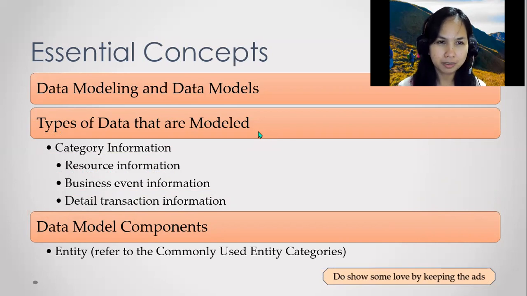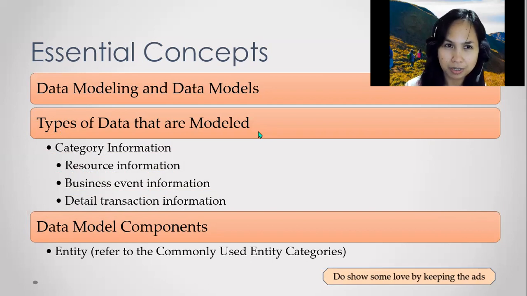So a data model describes an organization's data as the organization understands it, or also as the organization wants it to be. A data model contains a set of symbols with text labels that attempts visually to represent data requirements as communicated to the data modeler for a specific set of data that can range in size from small for a project to large for an organization.